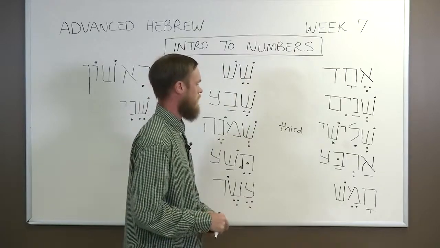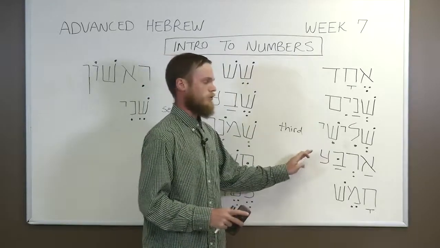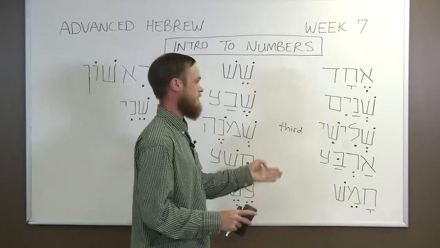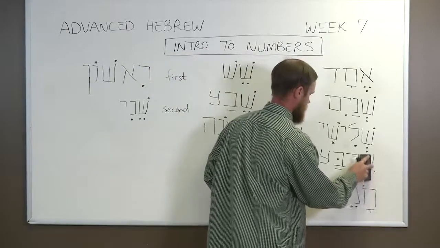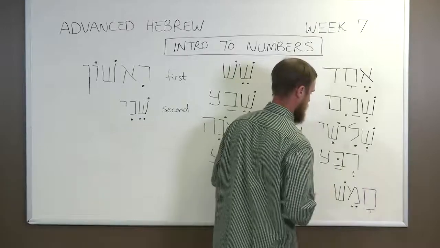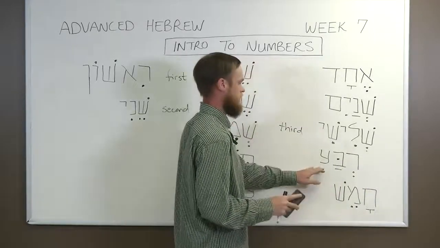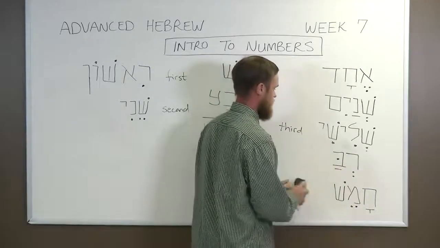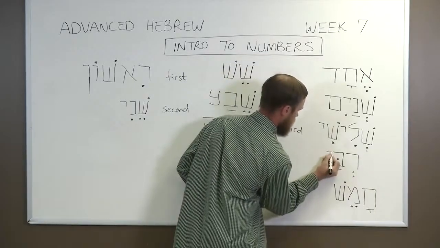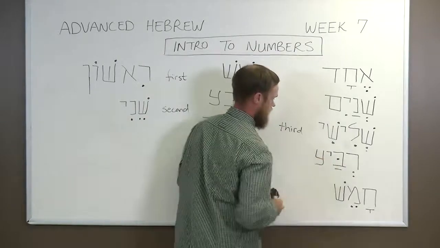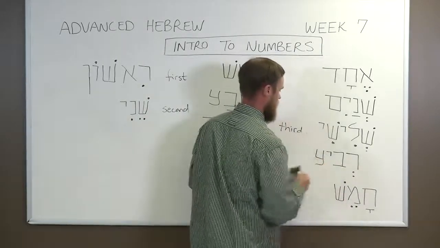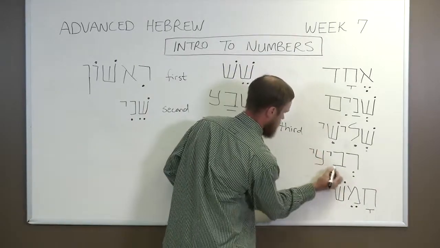Okay? Fourth undergoes a special change when it's put into the ordinal form. The beginning aleph disappears. But the same thing happens to the end. The last letter is displaced by a yod, and another yod comes on the end.